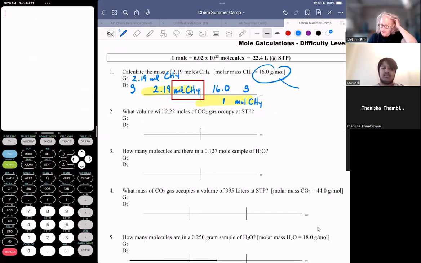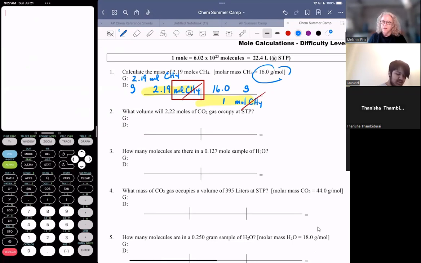Okay. Now that you've set that up, how do you put it in a calculator? 2.19 times 16.0 over 1. You got it.